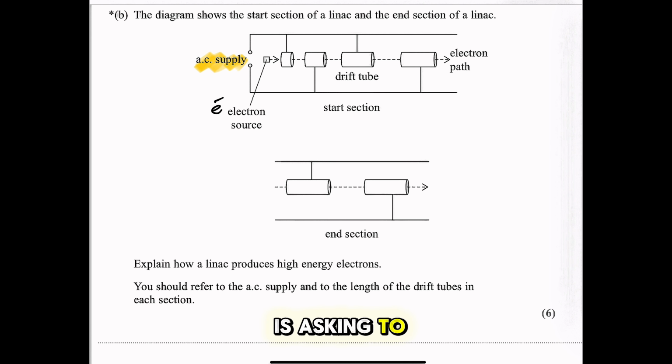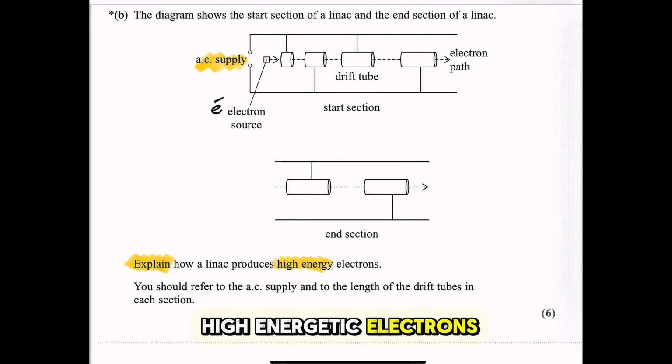The examiner is asking to explain, which is an account of something with reasons, how LINAC produces high energy electrons. The examiner gives a kind of guidance: you should refer to the AC power supply and the length of the drift tubes. Why do we have an increase in length? Maybe because here the drift tube was small, then slightly larger, and larger and larger.